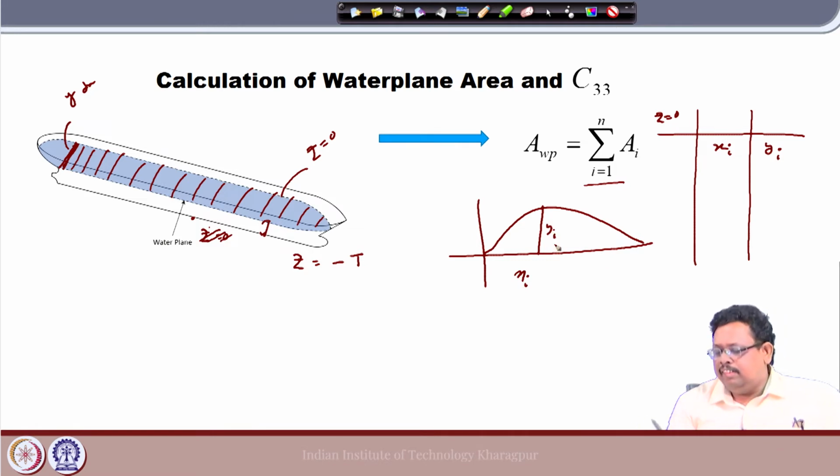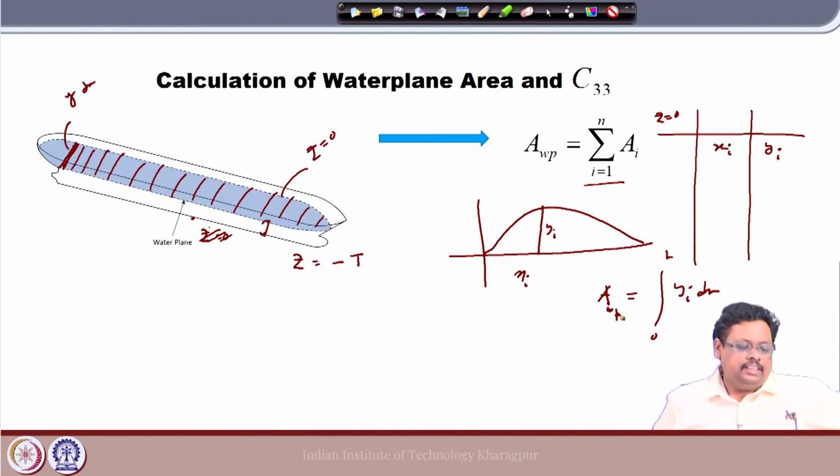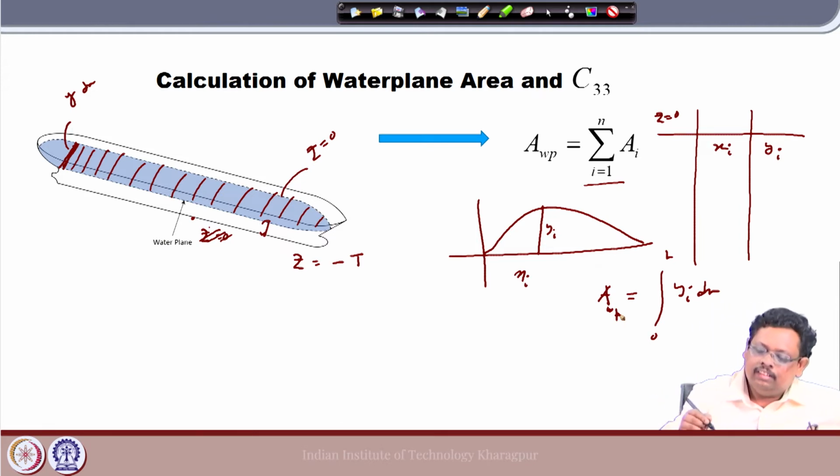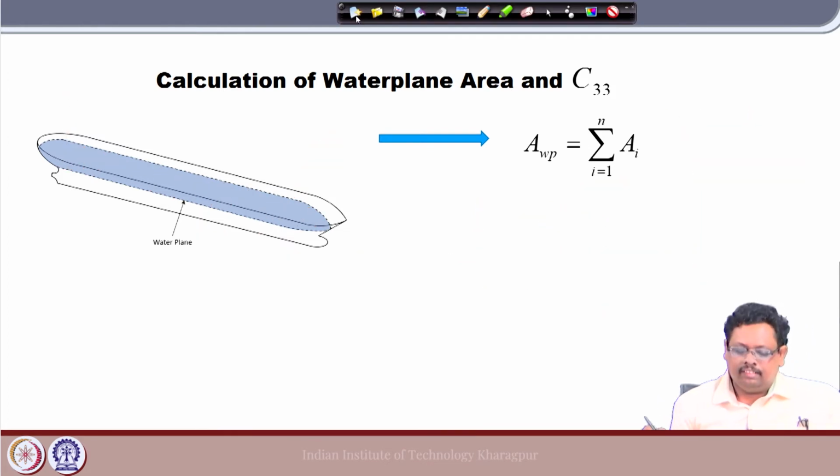So if you integrate along this axis, from 0 to L, y i dx, that gives your water plane area, or AWP. This is how we are going to get the water plane area.